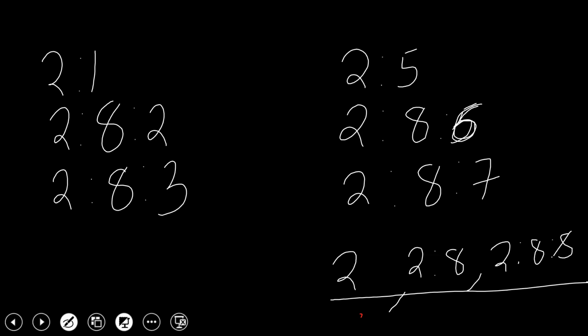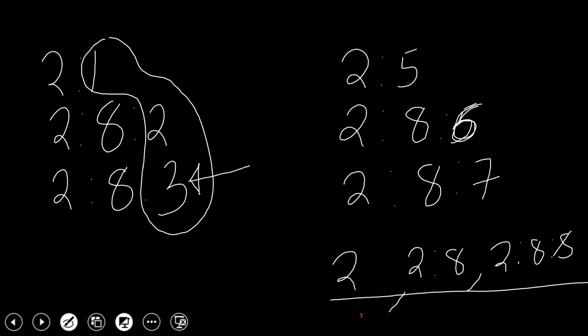Now these elements ending in 1, 2, and 3 easily lose electrons, because it is easier to lose these electrons to gain a stable configuration than gaining, since it would have to gain 5 electrons to form a stable configuration of 2, 8, 8. So losing 3 electrons is easier than gaining 5 electrons.